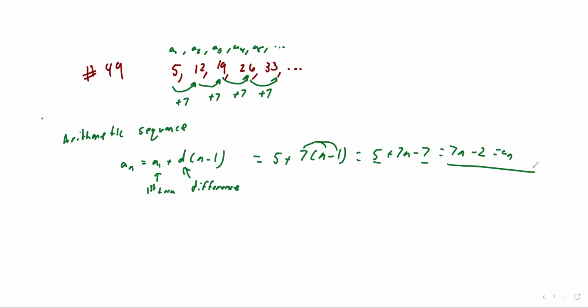There are some that are not going to be like this. So let's look at number 52. Number 52 is given to you as 1/3, 2/4, 3/5, 4/6, and 5/7.